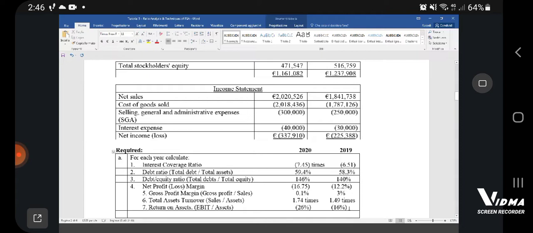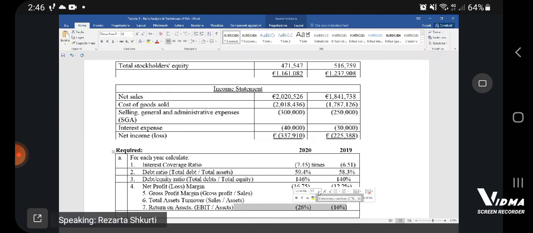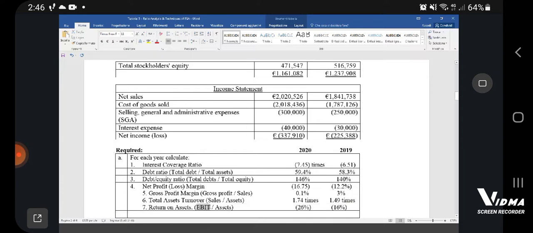Of course, we have specified that this ratio tries to measure the productivity or performance of the company, that is, how able the company is to generate operating profit out of the total investments in assets.